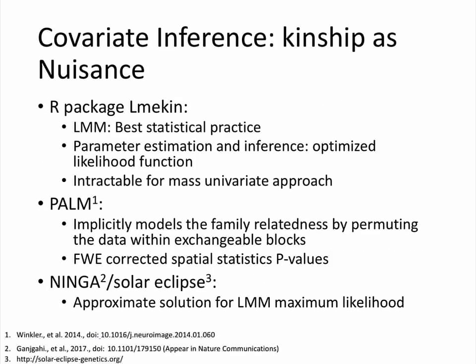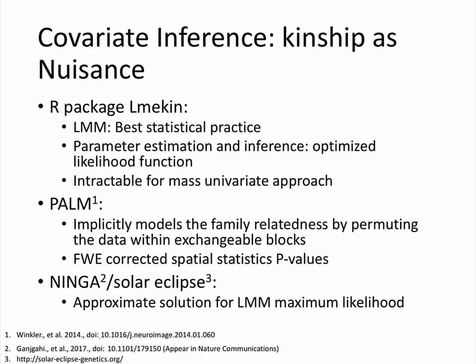What we did here, we compared 3 software packages that can accommodate the kinship matrix for covariate inference. The first package that we are using is the R package lme4qtl. It implements the linear mixed effect model, which is the best statistical practice. As I mentioned earlier, it relies on numerical methods for parameter estimation and inference, and it's intractable for a mass univariate approach.